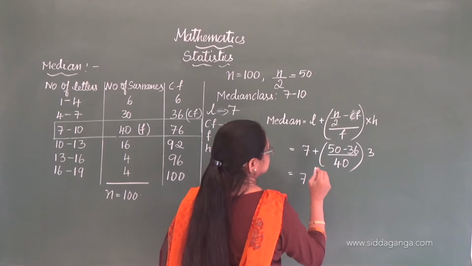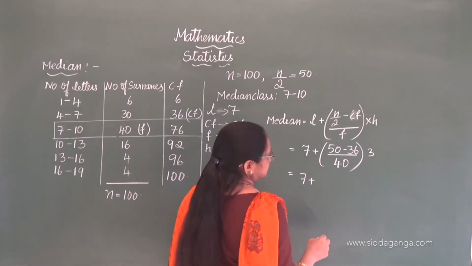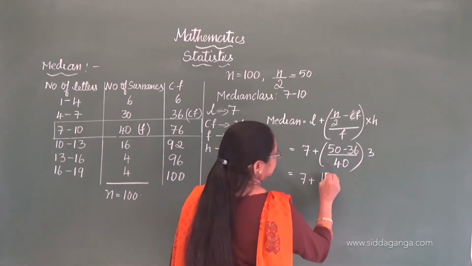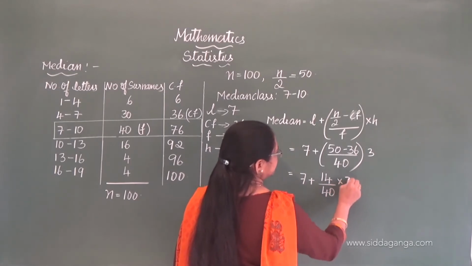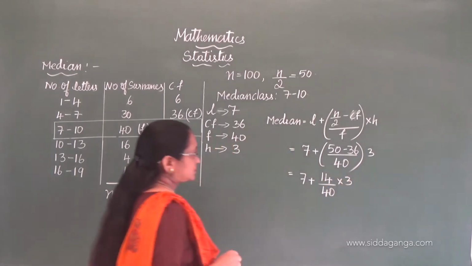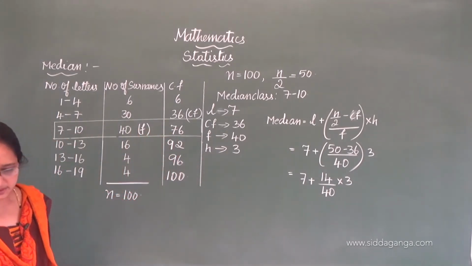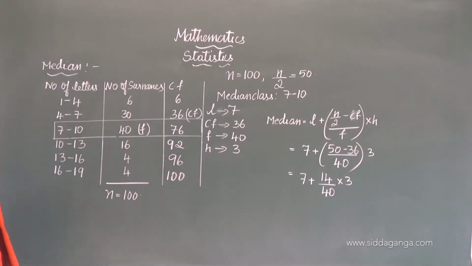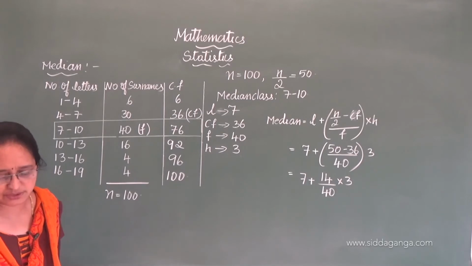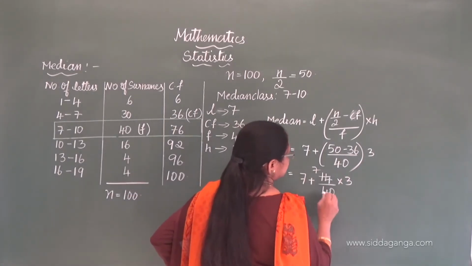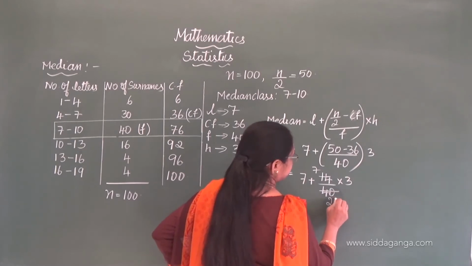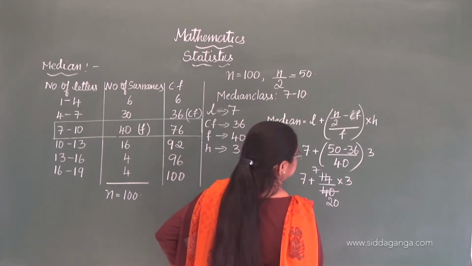7 plus 14 by 40 into 3. I hope it is correct. 14 by 40 into 3. Next, 2 sevens are 14, 2 20s are 40.